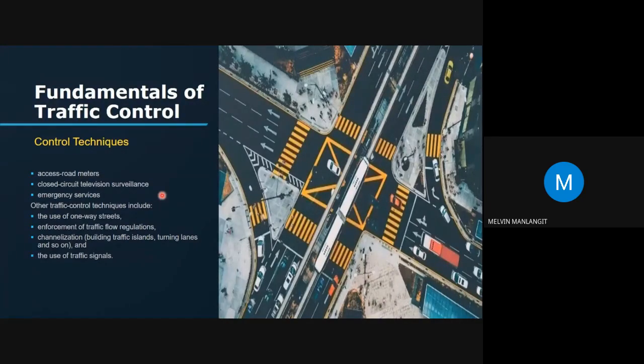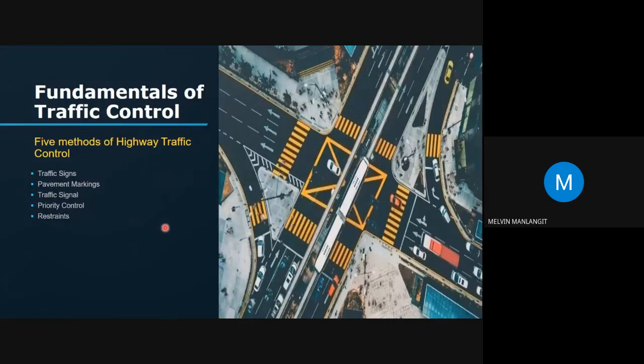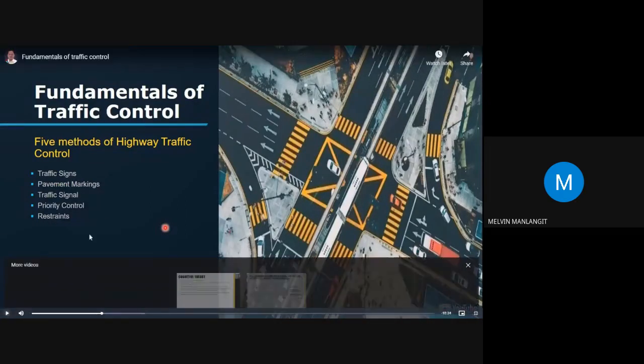And there are also other traffic control techniques. This includes the use of one-way streets, the enforcement of traffic laws and regulations, channelization such as the building of traffic islands, turning lanes, and so on, and the use of traffic signals. So in highway traffic control, motorists depend on traffic control devices to avoid collisions and travel safely to their destination.